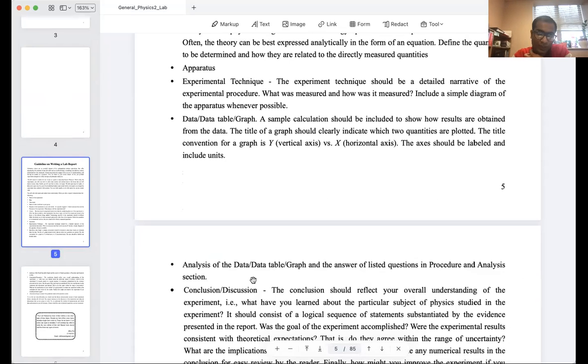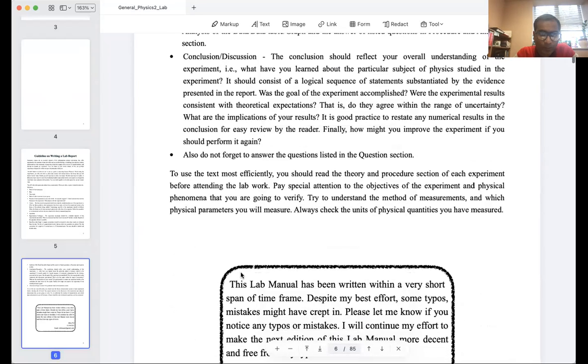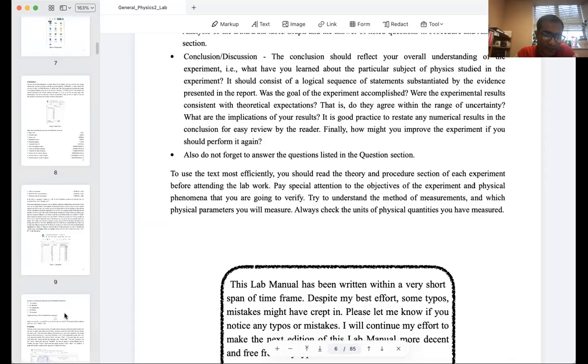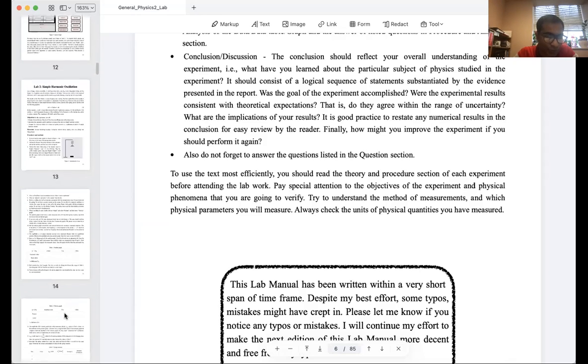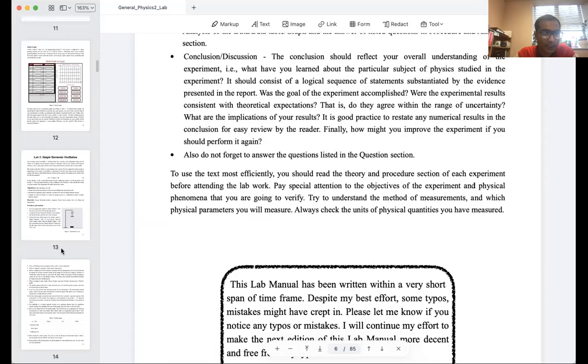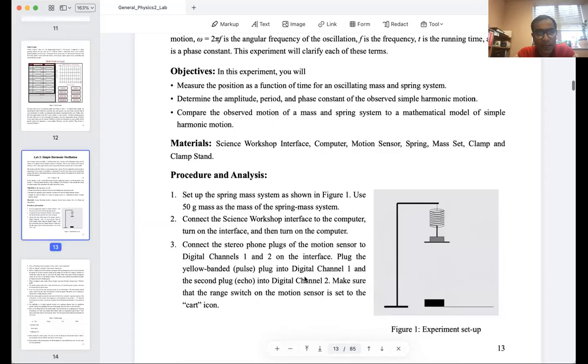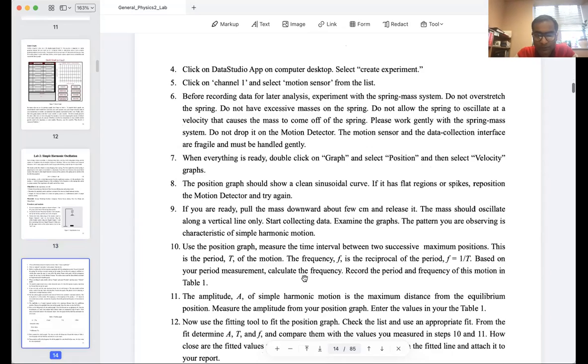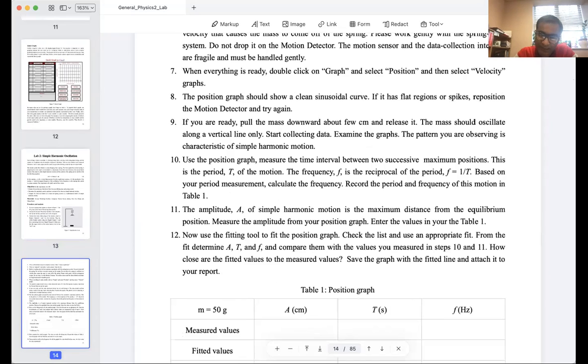After the experimental technique, I would use a section named procedure and analysis. In procedure and analysis, I will put the tables, graphs, and the questions asked here.